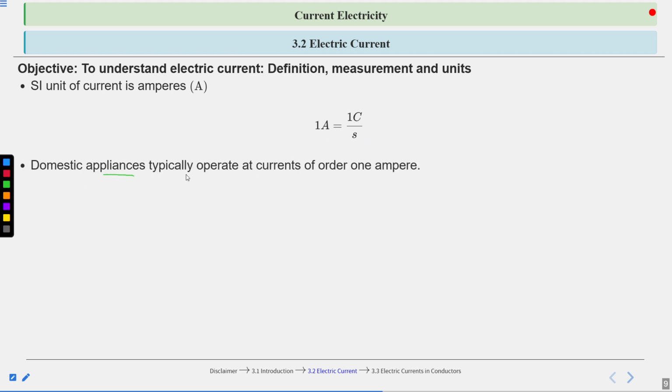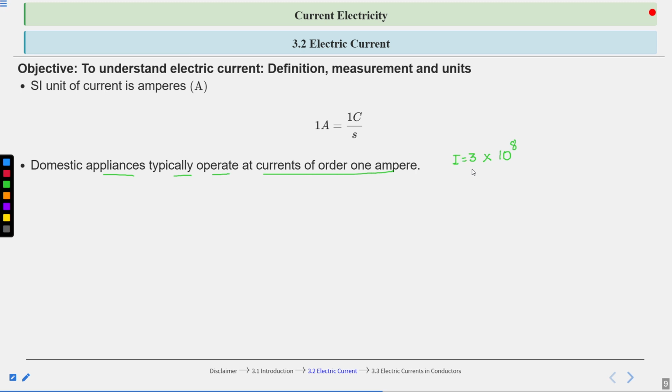Domestic appliances typically operate at currents of order 1 ampere. Here we define the order like this: if we say 10 raised to the power 8, we mean the value of the current is around this.